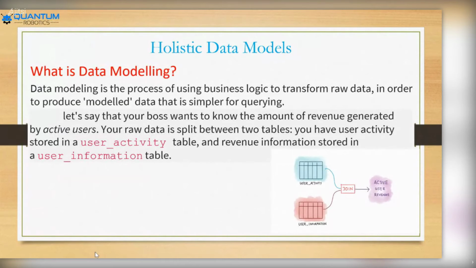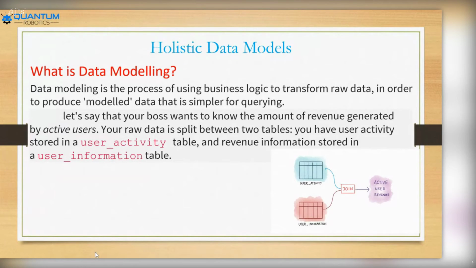Firstly, we have to know that data modeling is the process of using business logic to transform raw data into a model that is similar to querying. Whatever raw data we give, it is going to be remodeled for making the workflow in a proper way.